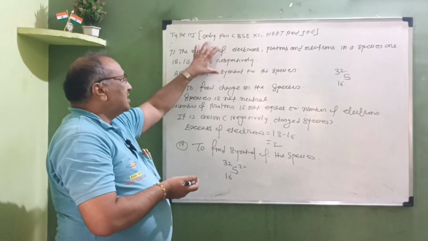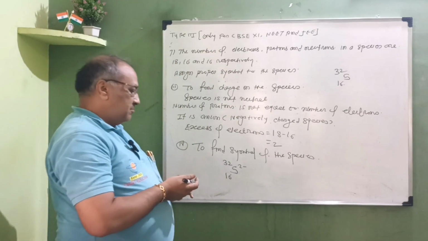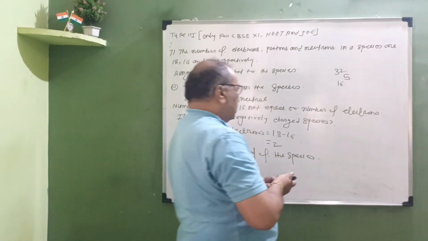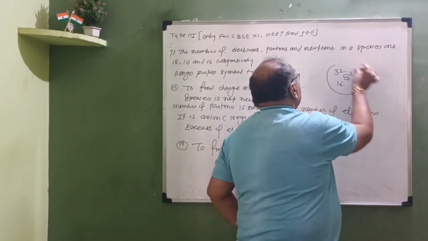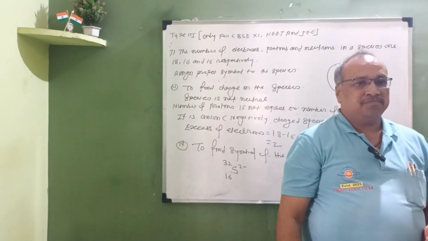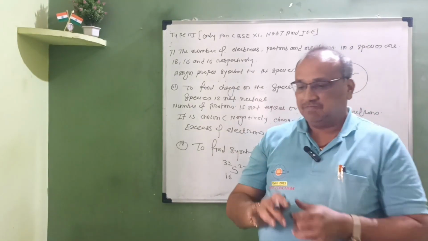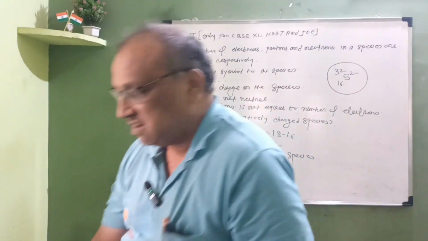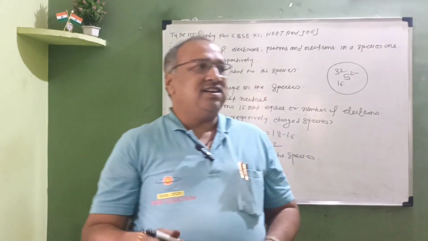That means in this case there are 2 more electrons than protons. That means the charge is 2 minus. That means this is the symbol of the species. That means this shortcut technique is used in order to solve the MCQ in the various exams like MHT-CET, NEET and JEE.